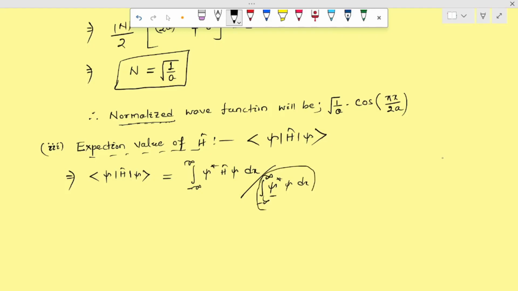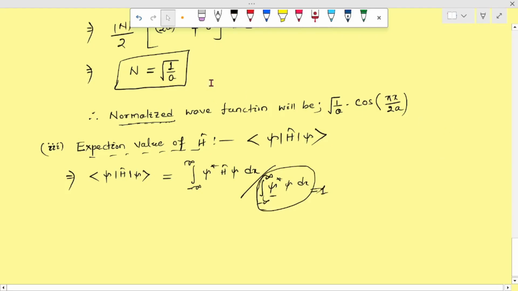So if you do this calculation, this will be 1. So this denominator part no need to write. Expectation value of Hamiltonian is this much, minus infinity to plus infinity psi star h cap psi dx. No need to write the denominator part because we are considering the normalized wave function, right?